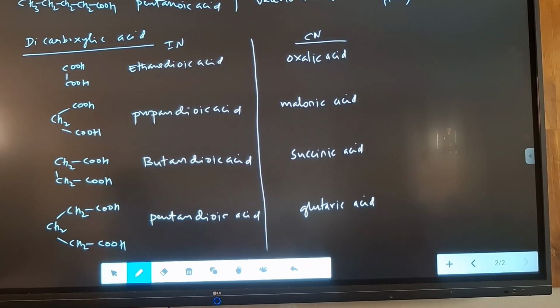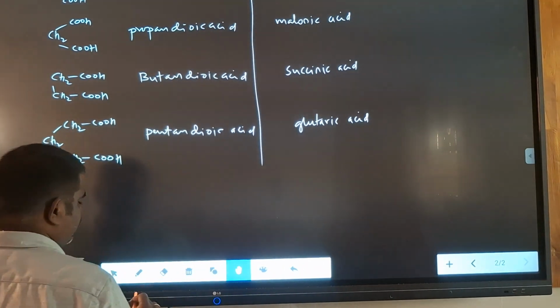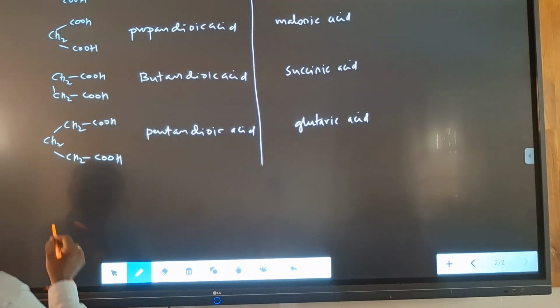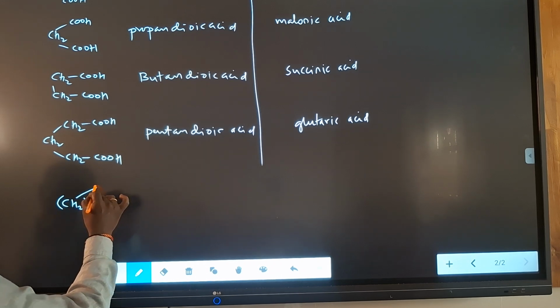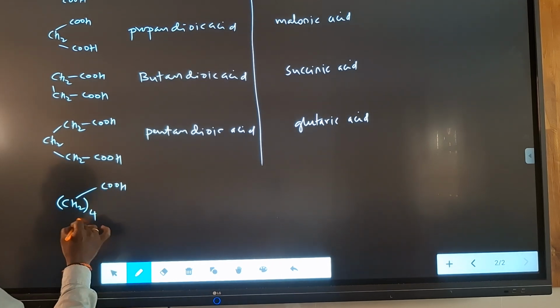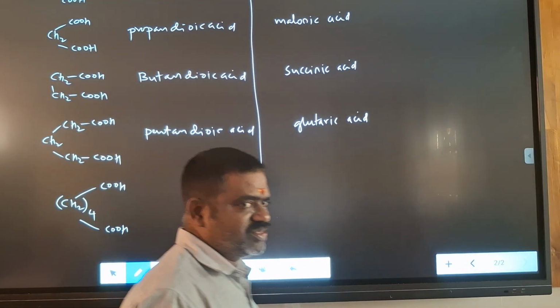Okay, now see, if you observe, take another compound: CH2 taken four times, then COOH, COOH. So total carbon is 6.